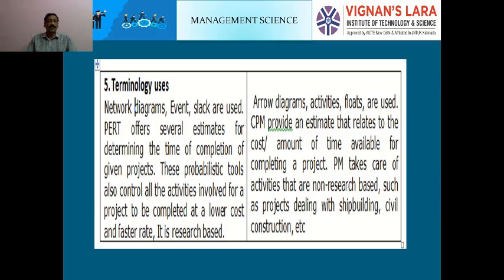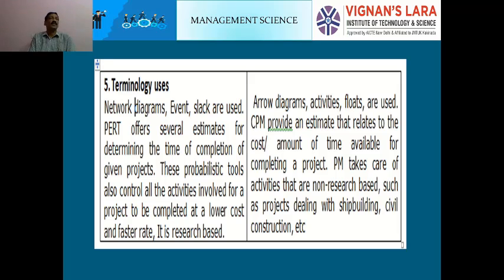In PERT, we use the terminology of event, slack, and diagrams, where slack is a time delay at an event. That means sometimes the starting and ending of a task can be delayed due to many reasons, natural and non-natural, academic and non-academic, which is known as slack.